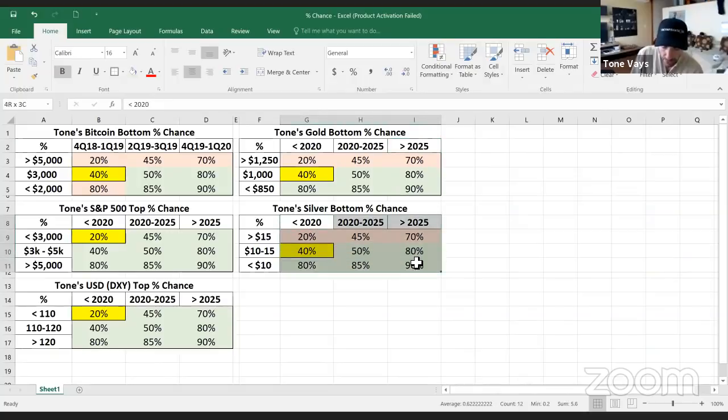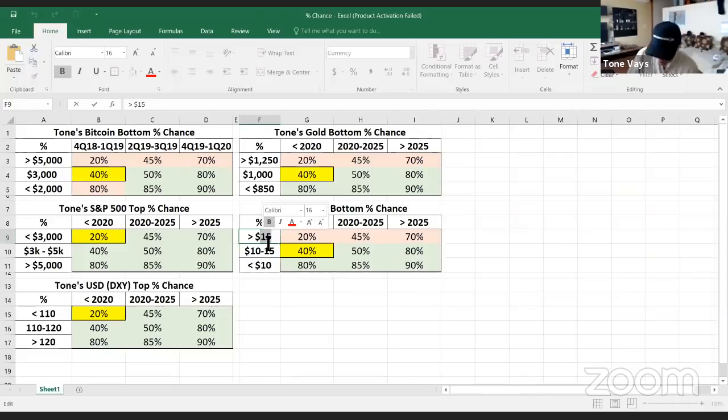Silver is following gold in exactly the same way, only silver had a lot further to go. I also didn't think silver was going to fall that much, and I haven't really done these percentages. This could have been 20, and this could have been 20.